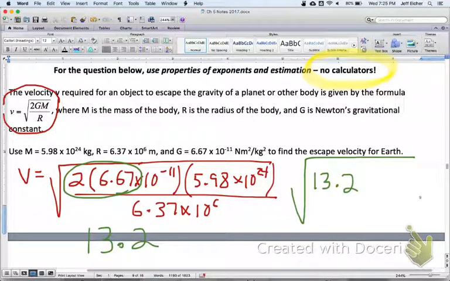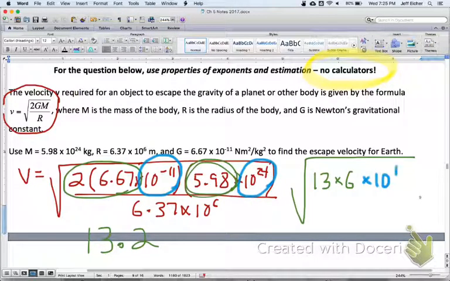We're going to do 13.2, let's just call it 13. We're estimating, right? We're going to multiply that 13 by this number, and we'll call that 6. 13 times 6. We also have this 10 to the negative 11. We'll multiply that by 10 to the 24th. Add the exponents and you get 10 to the 13th.